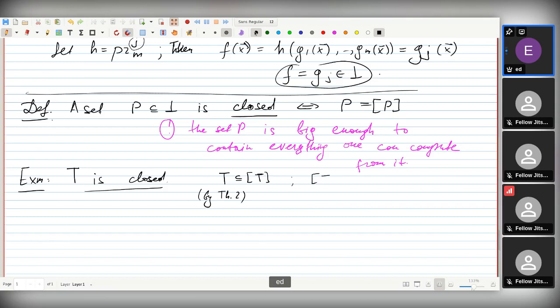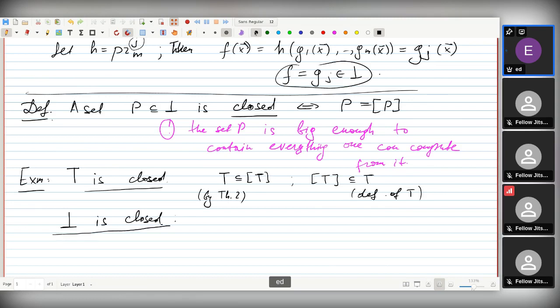And on the other hand, whatever you may obtain is a Boolean function by the definition of the set of all Boolean functions. So it is closed. In fact, the set of projectors is also closed.